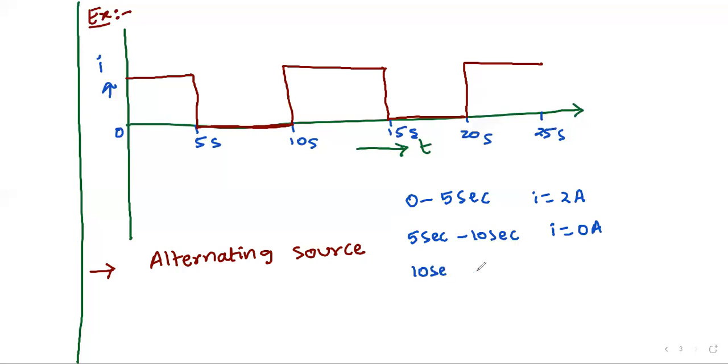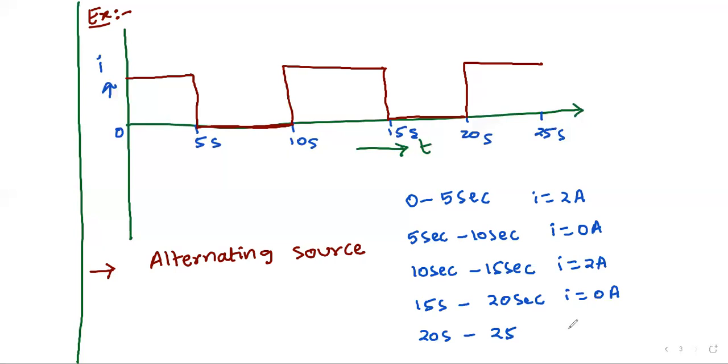Again, 10 seconds to 15 seconds, current flowing is 2 ampere. 15 seconds to 20 seconds, current flowing is 0 ampere. Again, 20 seconds to 25 seconds, current flowing is 2 ampere.